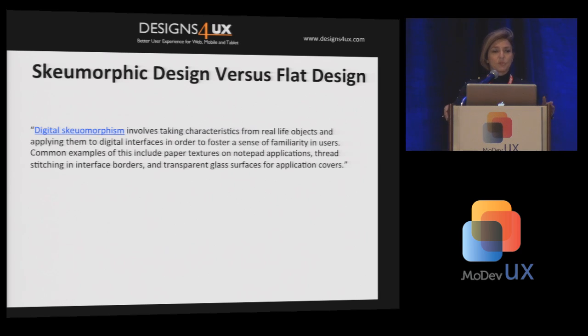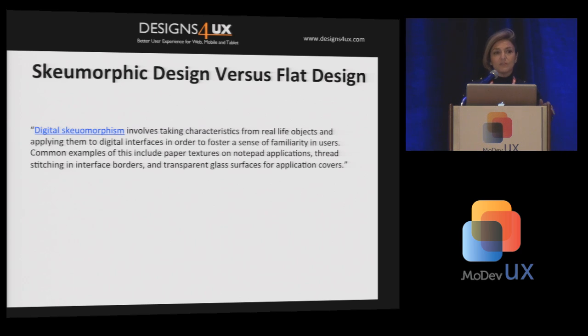Pretty much, I think most of you know what skeuomorphic is. Digital skeuomorphism involves taking characteristics from real-life objects and applying them to the digital interface, basically to create more sense of familiarity. This is what we have been witnessing in the last couple of years, especially in the Apple interface.